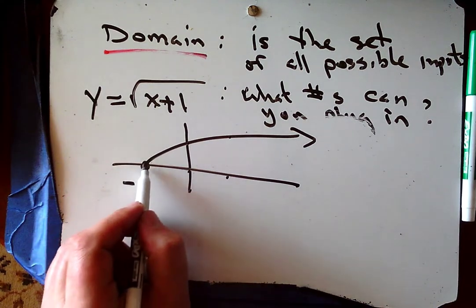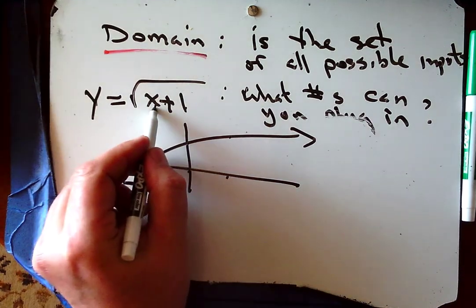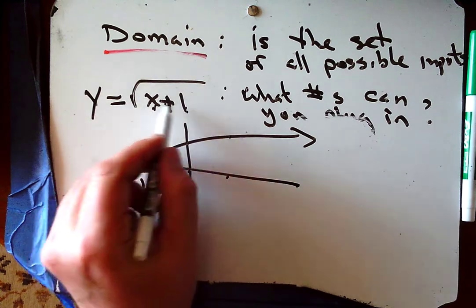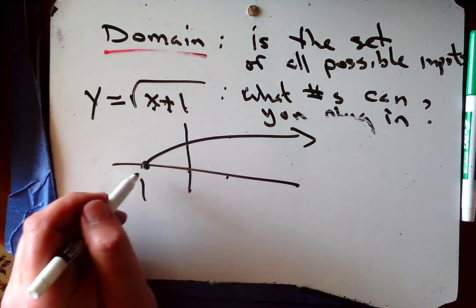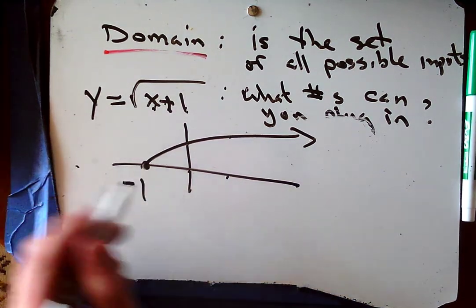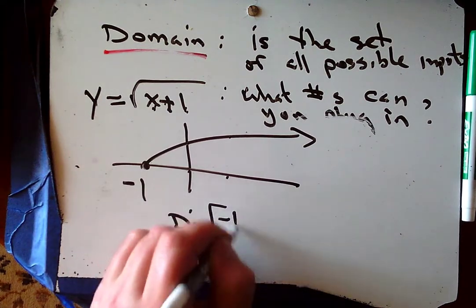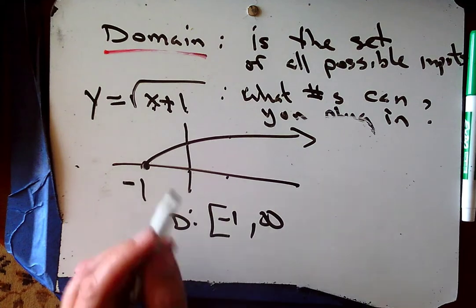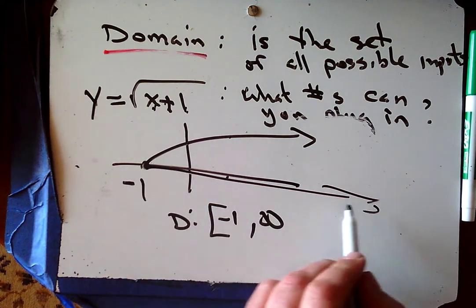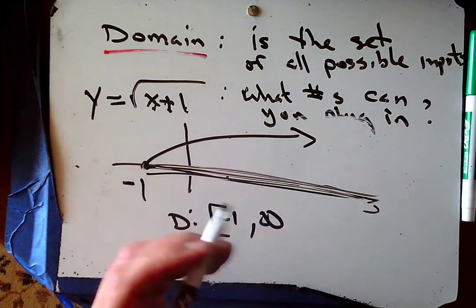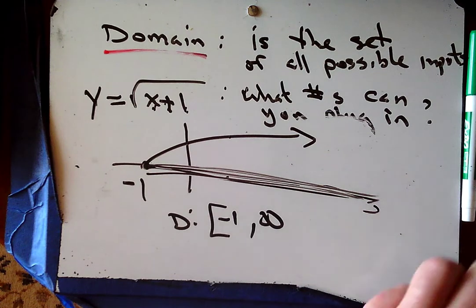I can even plug in negative 1. Negative 1 plus 1 is 0, and the square root of 0 is 0. But I can't plug in anything to the left of that. Negative 1 is included in my domain, and then we go forever. And by forever I mean I can plug in any of these x values and we'll get a corresponding y value.